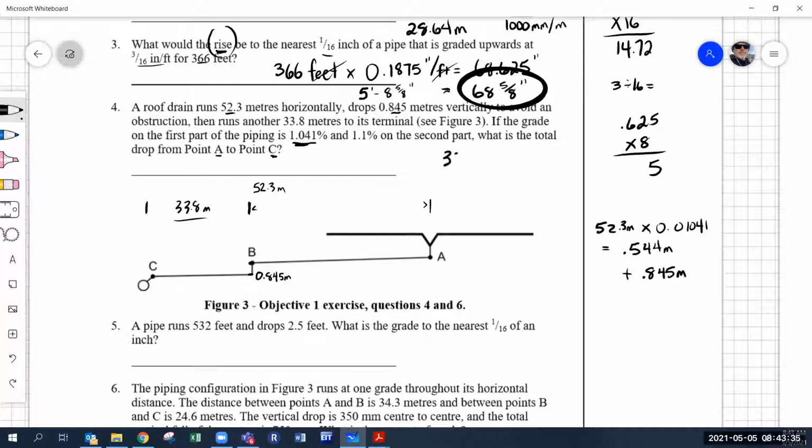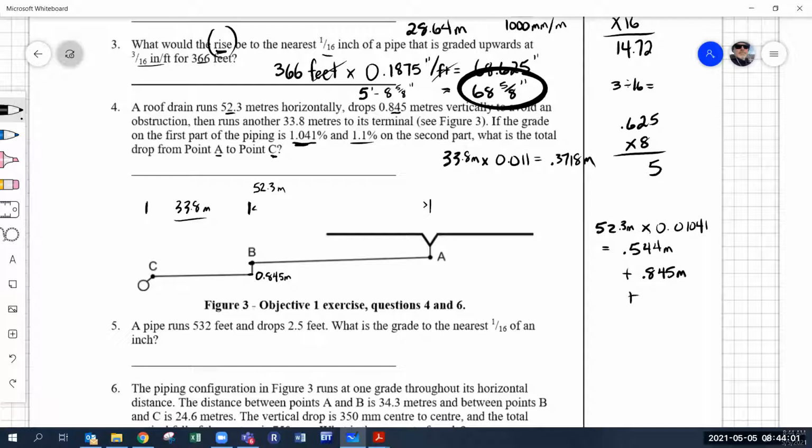And now let's get the grade for this one here. So that's 33.8 meters multiplied by the grade, which is 1.1% on the second part. So that's 0.011, and that comes out to 0.3718 meters.